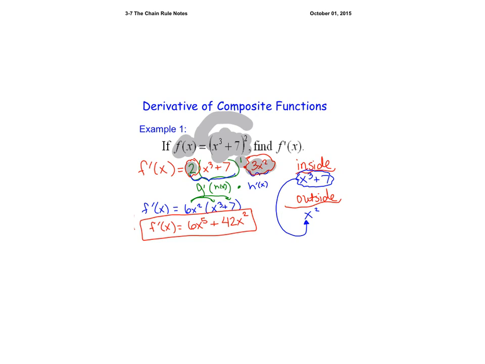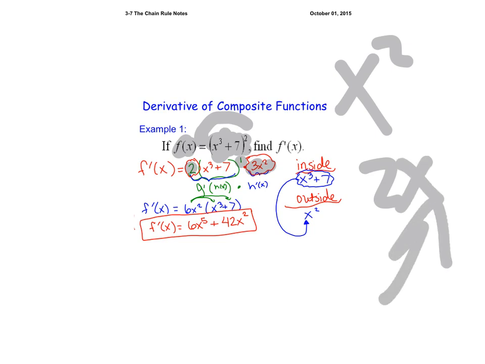So we took the derivative of x squared, which is just simply 2x, and then we put in the derivative of the inside, which is 3x squared, giving you 2 times x cubed plus 7, because remember that was the x part, times 3x squared. So once you multiply this with this, and then with this, you end up with this bad boy right here.